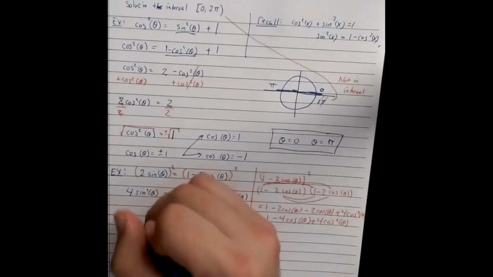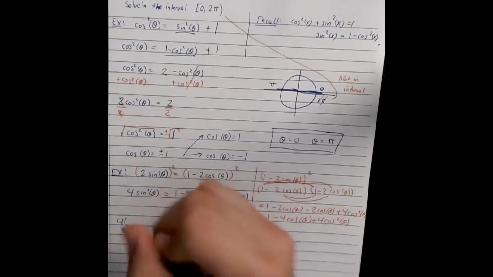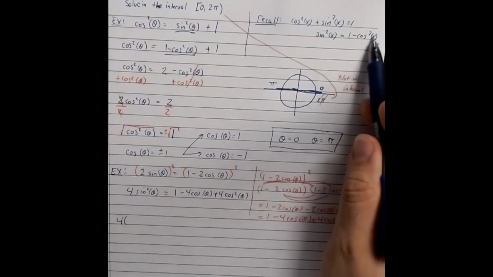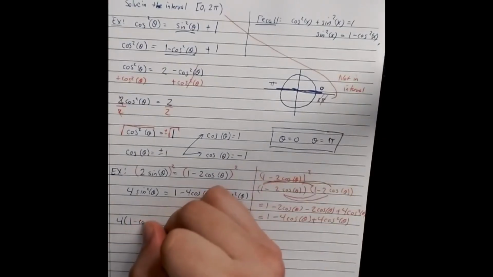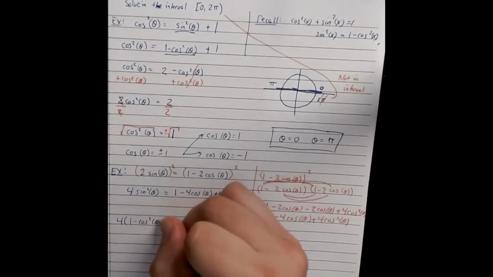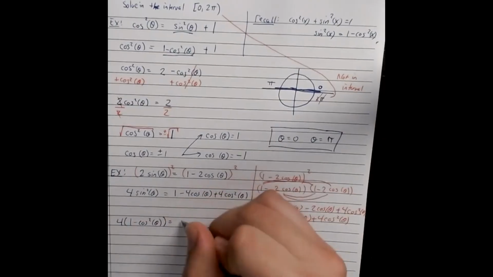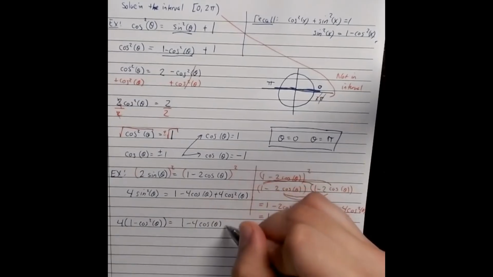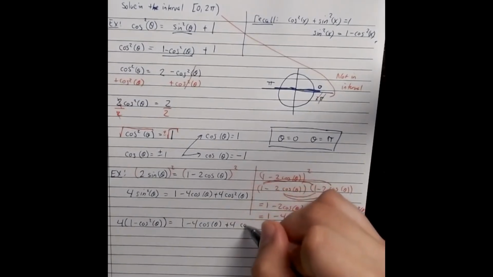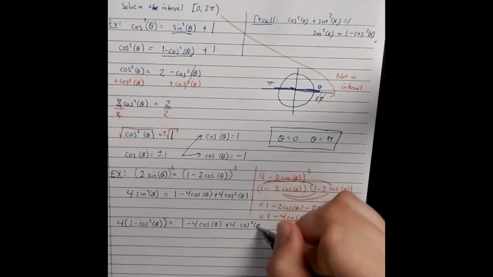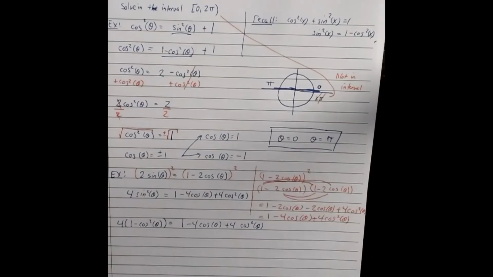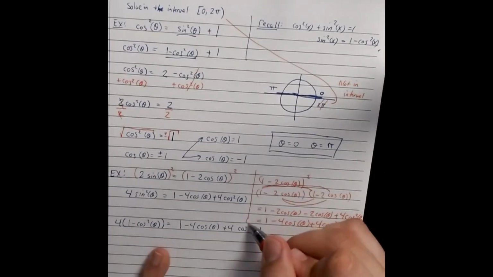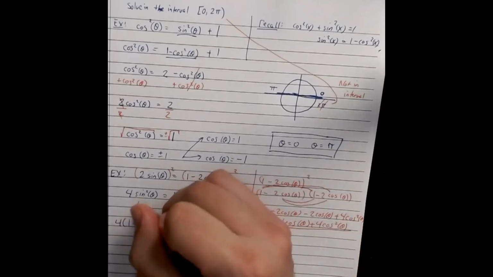So here I can write this as 4 times, instead of sine squared of theta, I'll write as 1 minus cosine squared of theta equals 1 minus 4 cosine of theta plus 4 cosine squared of theta. I haven't changed anything on this side. I've only changed this via the Pythagorean identity.